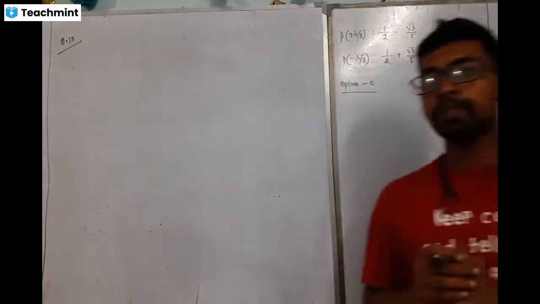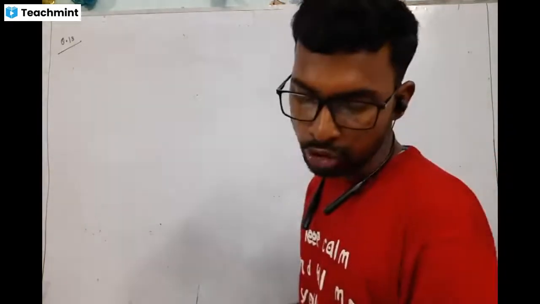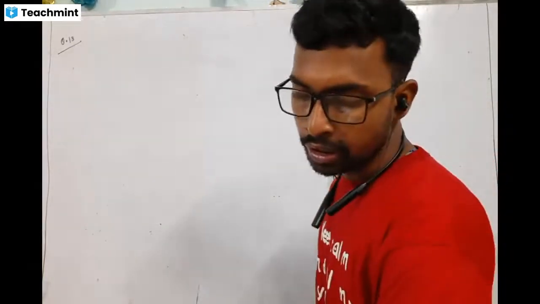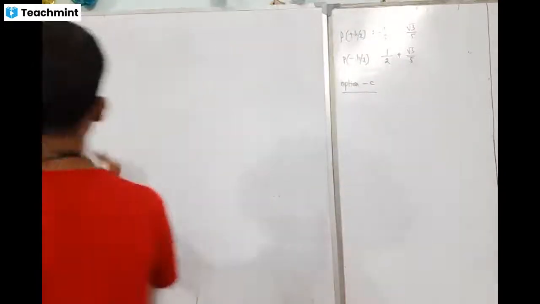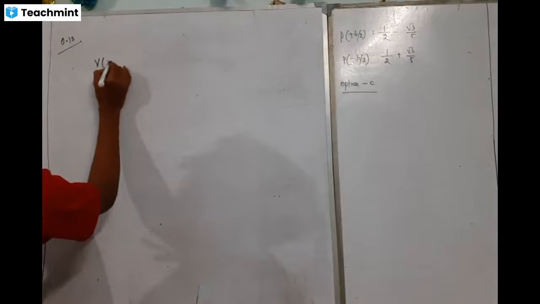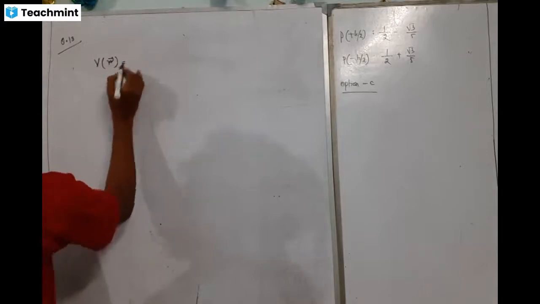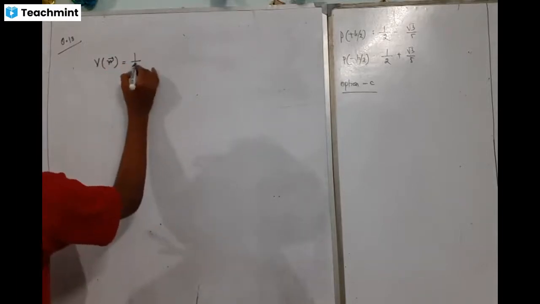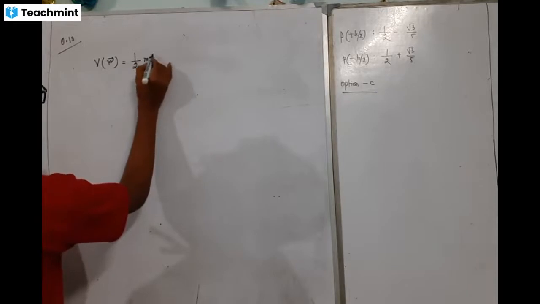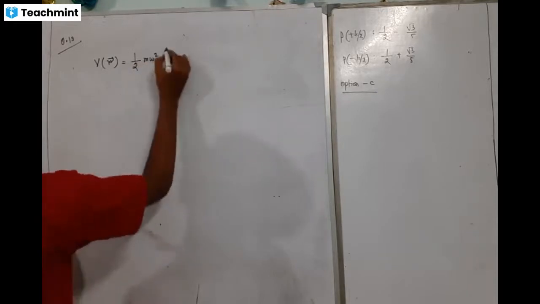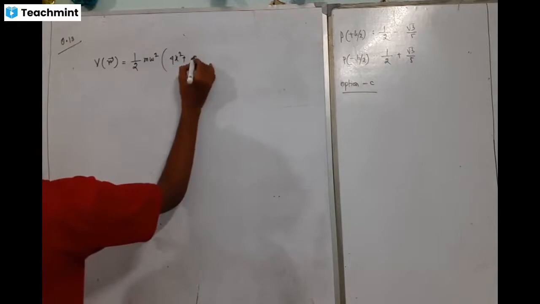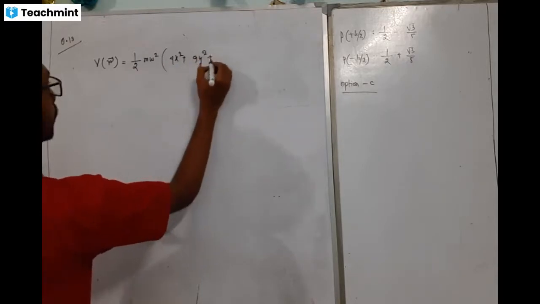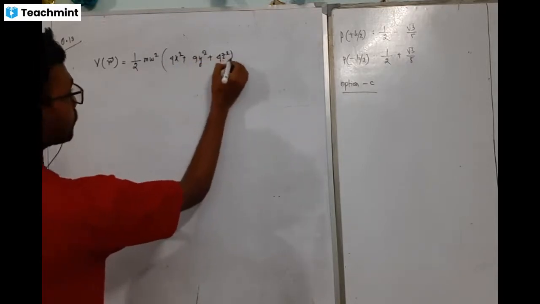In this question, consider a particle of mass m in a harmonic oscillator potential of the form V of r, which is half of m omega square (4x square plus 9y square plus 4z square).